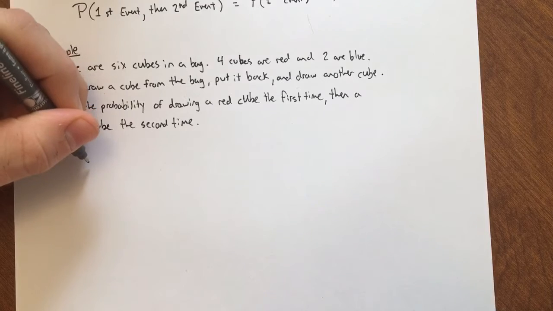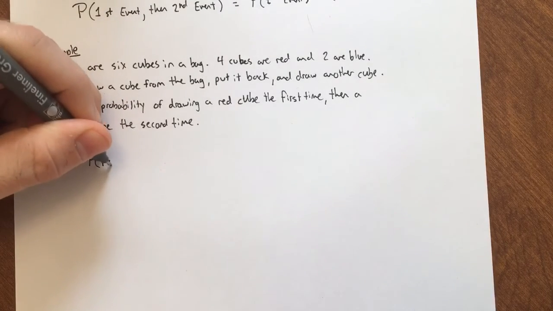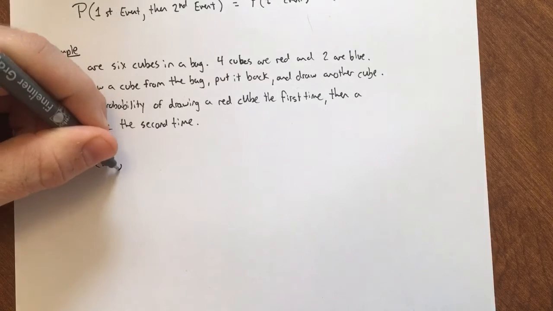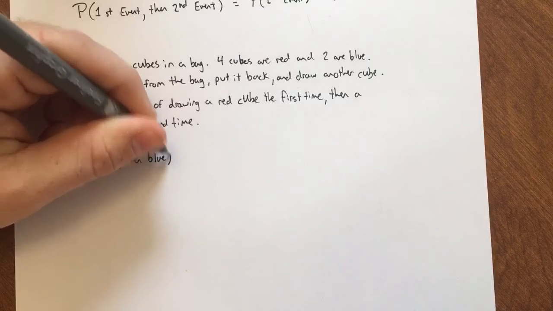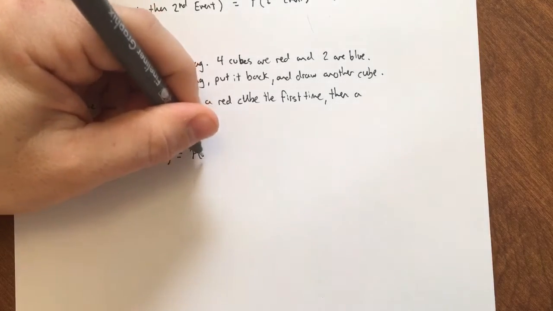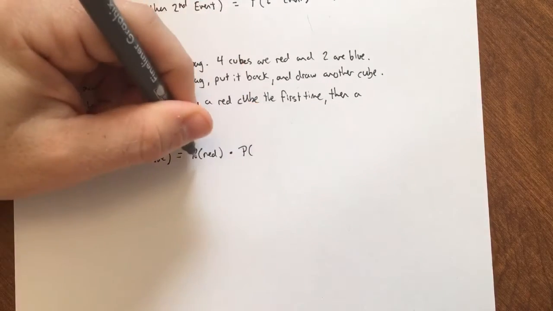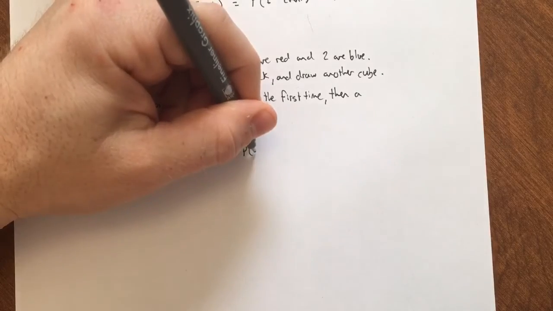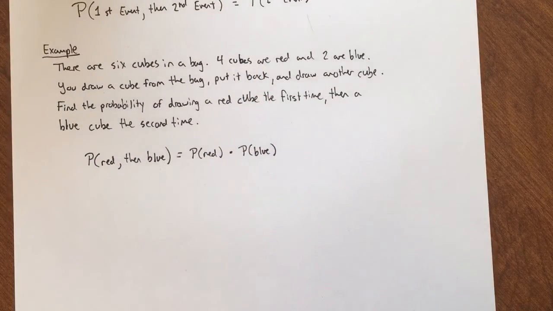The first event, we're figuring out the probability of drawing a red cube the first time, then the probability of drawing a blue cube. And so we have 2 different probability events that we're calculating. We're going to multiply the results of those 2 probabilities together.